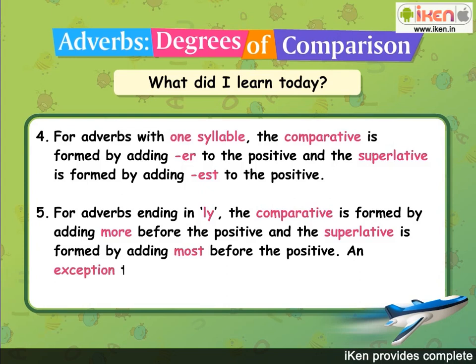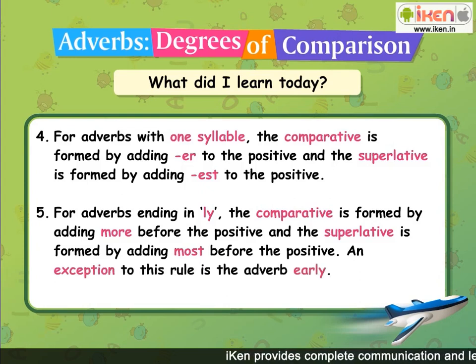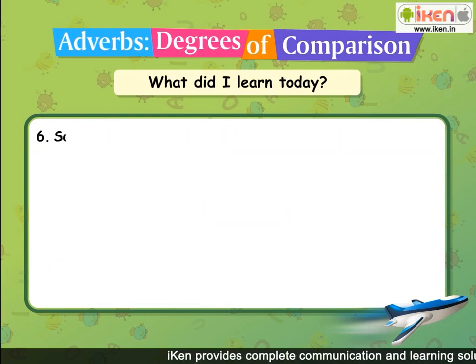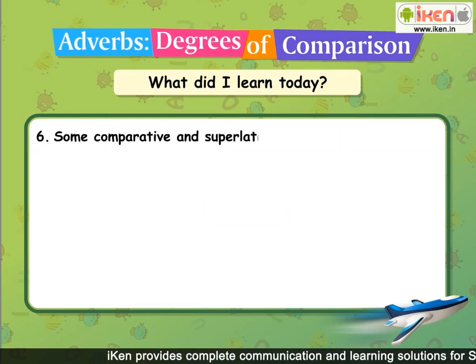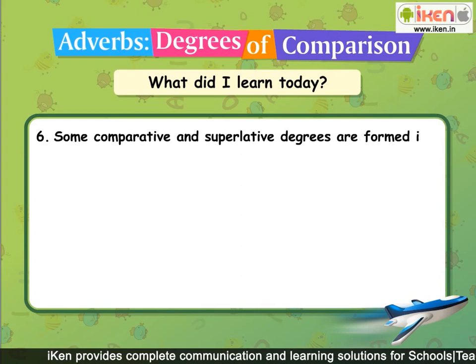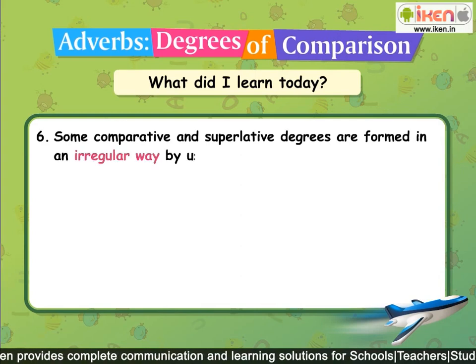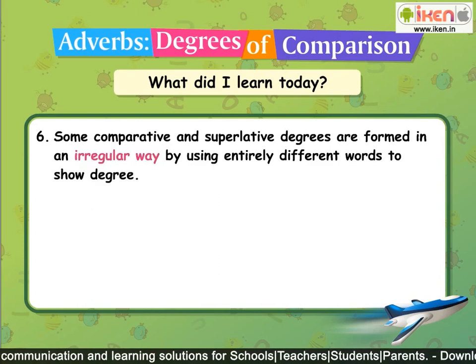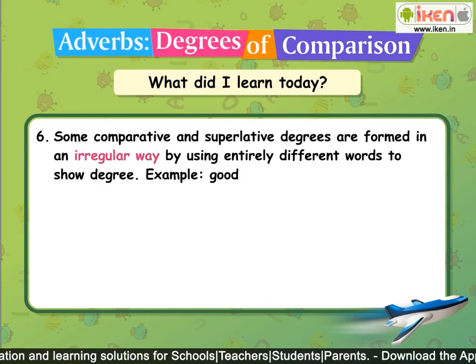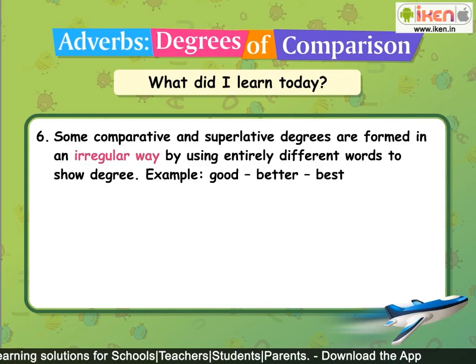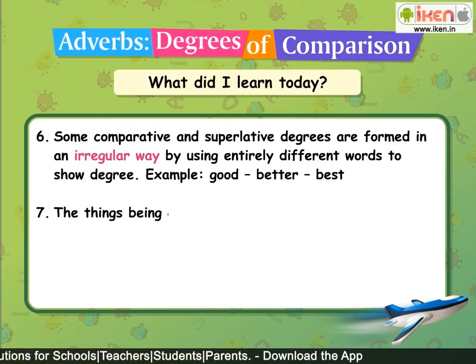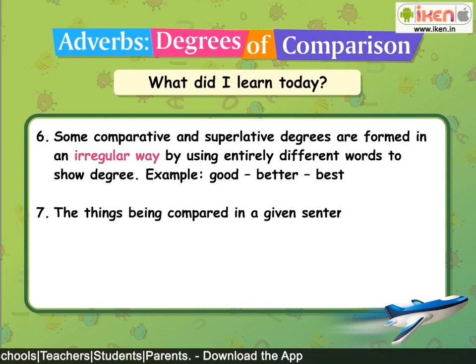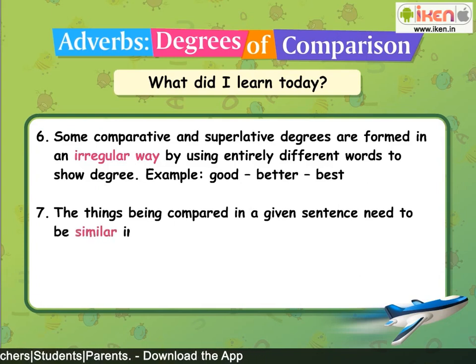An exception to this rule is the adverb early. Some comparative and superlative degrees are formed in an irregular way by using entirely different words to show degree. For example, good, better, best. The things being compared in a given sentence need to be similar in kind.